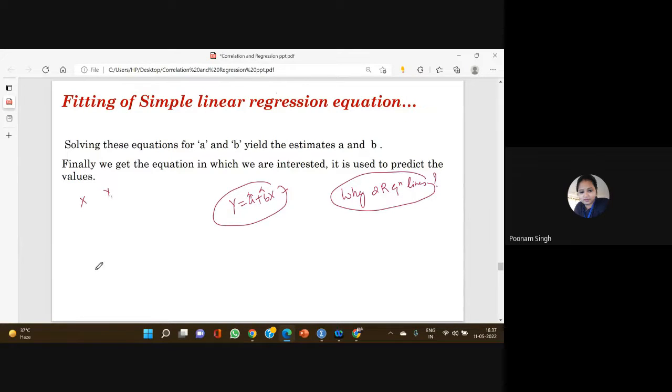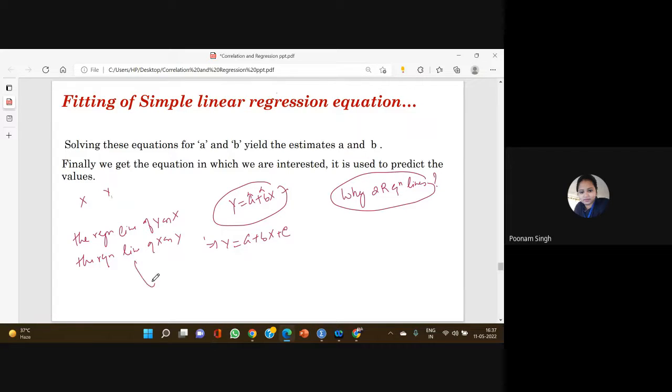Okay. So in that case, there are two regression lines. The first one is the regression line of y on x, and the second one is the regression line of x on y. Y on x is y equals A plus Bx plus E. Here y is the dependent variable and x is the independent variable, because we are using x to predict the value of y.